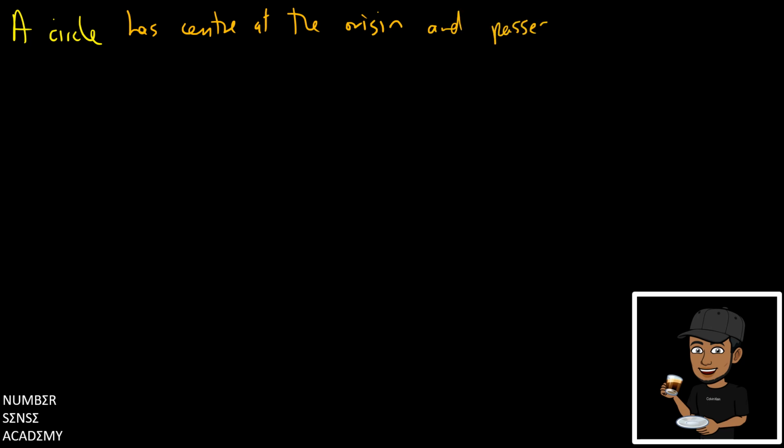Okay, next question. So a circle has center at the origin and passes through the point 6, 8.